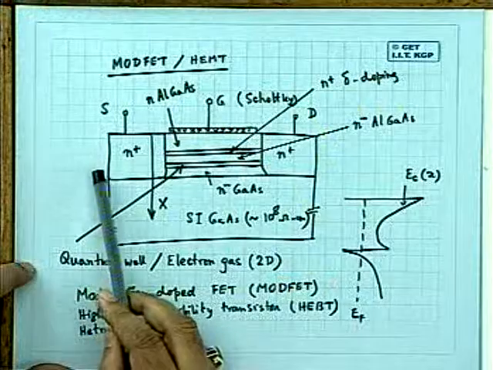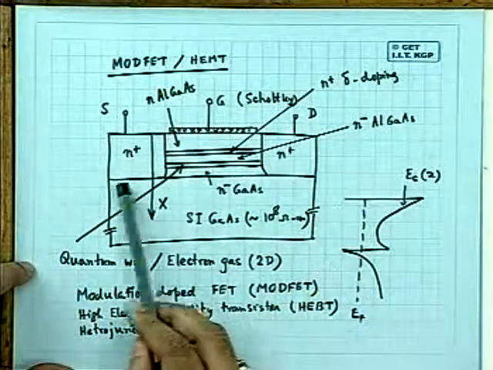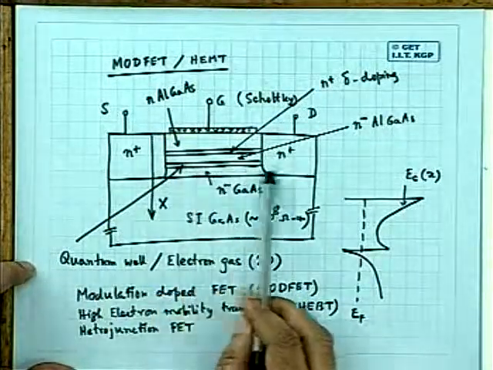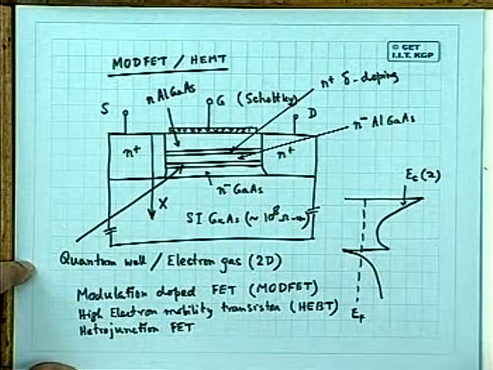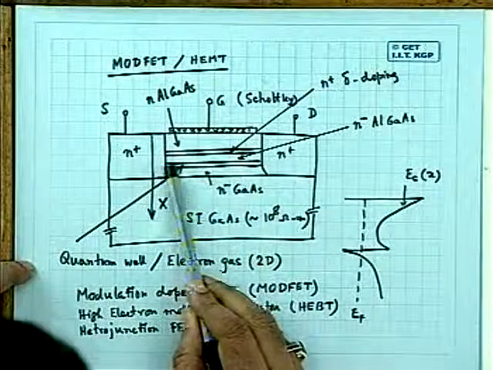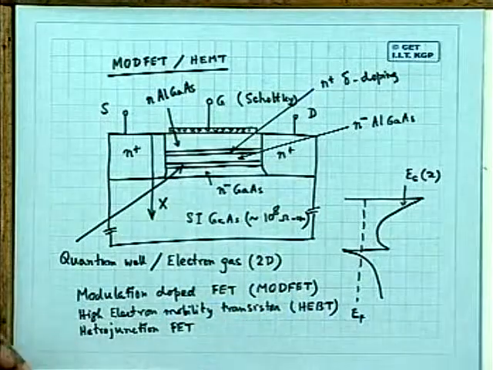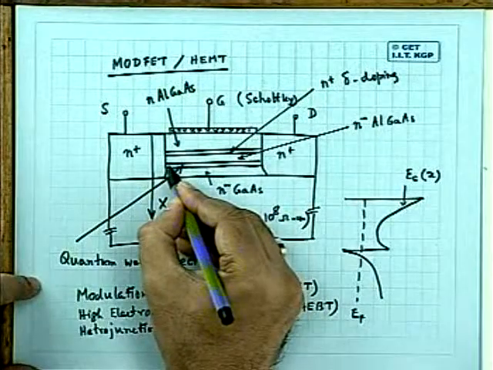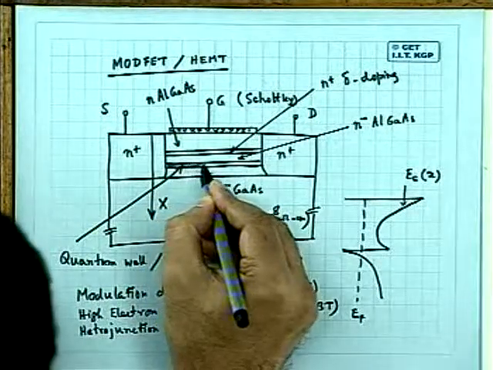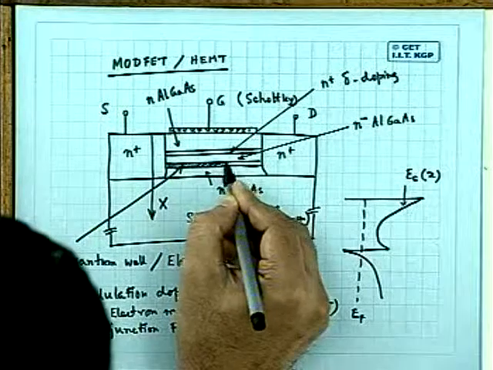On which we have a very lightly doped N-type gallium arsenide grown by epitaxy, called heteroepitaxy. This is of course homoepitaxy. This is not a separate layer, but this is electron gas. Let me show it by a dense shade.